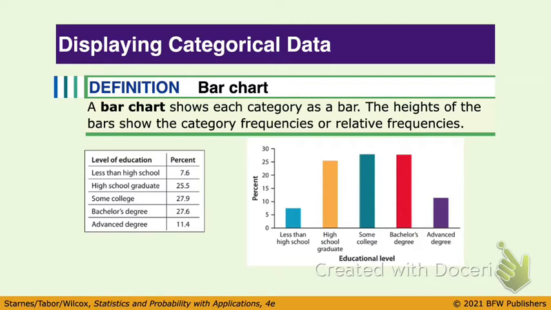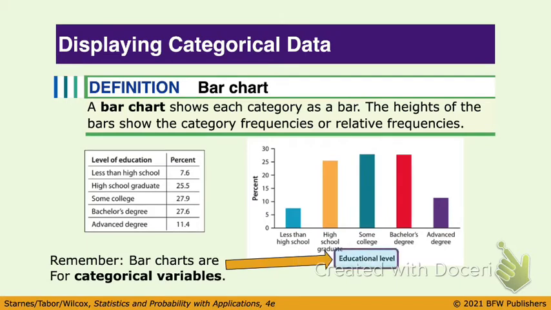Now, it makes sense to kind of put it in the order that it's in here on the chart, but I could technically put it in any order. But here's what I do need to make sure I remember. Bar charts are for categorical variables. I'm not going to use a bar chart for quantitative data. I'm going to use some other chart that we'll talk about later. Bar charts are for categorical variables.